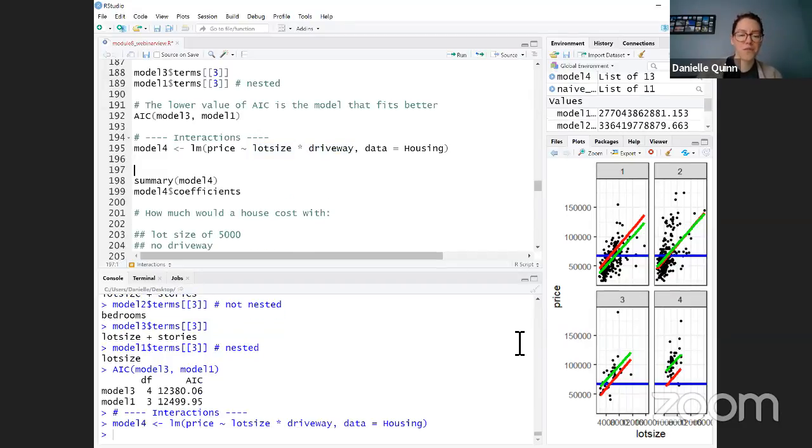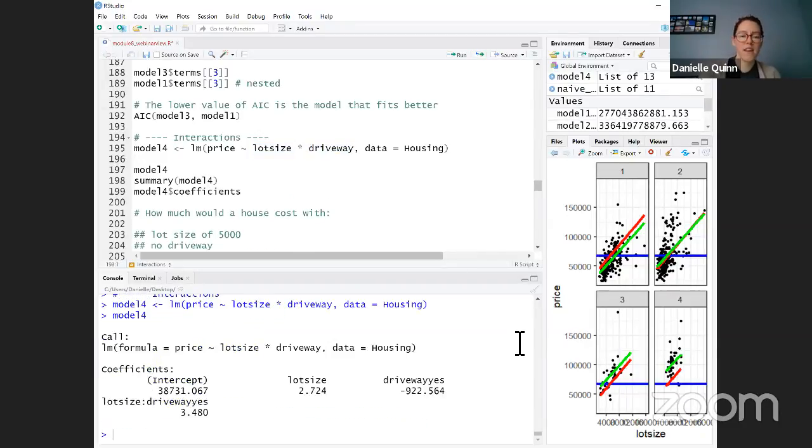So we look at model 4, and you can see we have our intercept, then we have our coefficient related to lot size, and then we have 2 others. So the other thing that we're introducing here is that this is the first time that we are using a categorical predictor, right? Before it's always been continuous or more or less numeric.